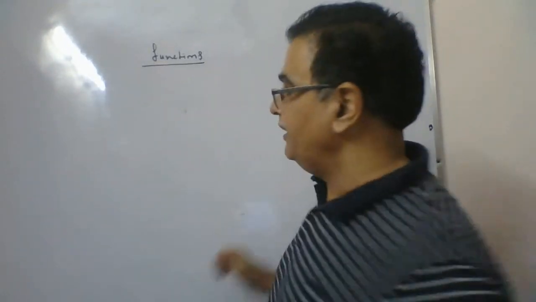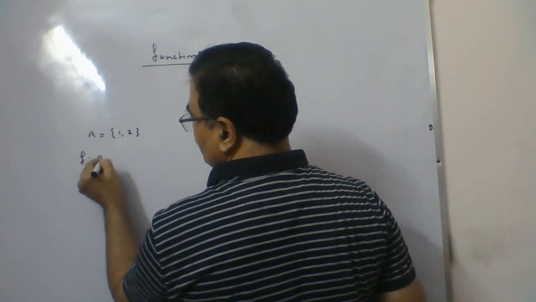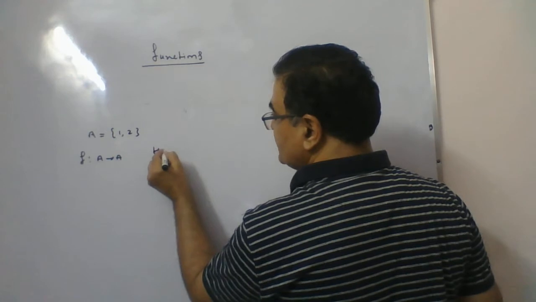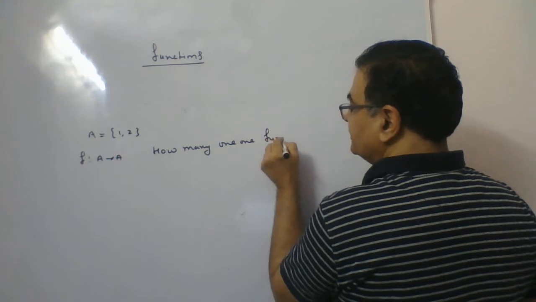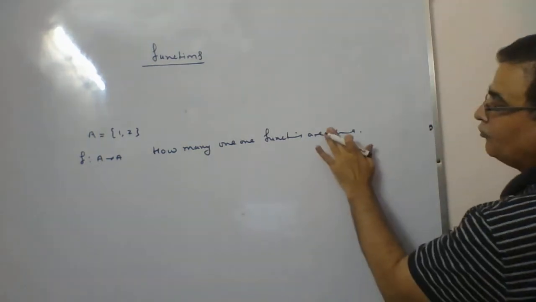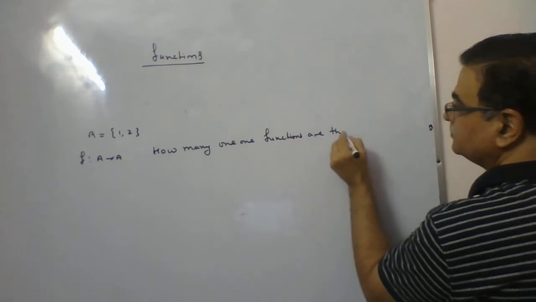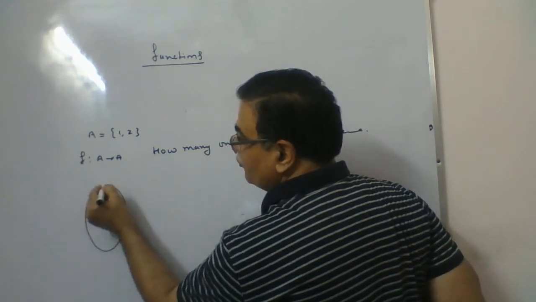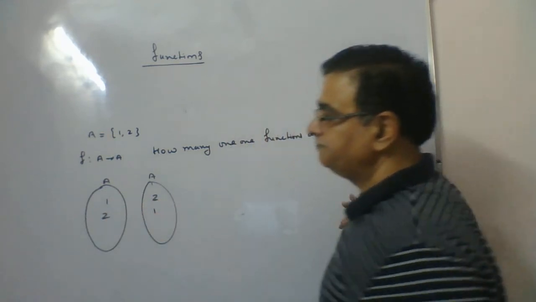If set A is given as {1, 2} and the function is going from A to A, my question is how many one-one functions are there? So just to check, it is one-one function. What I should have in A is the elements 1, 2 and 2, 1.